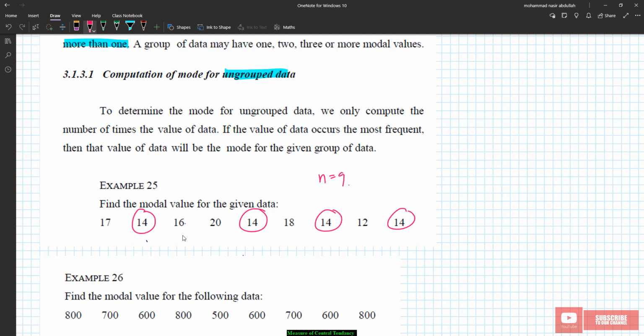And then 17 we have only 1, 16 only 1, 20 once, 18 once, 12 also 1. So our mode is equal to 14 because 14 appears 4 times, the most frequent to appear. Okay.